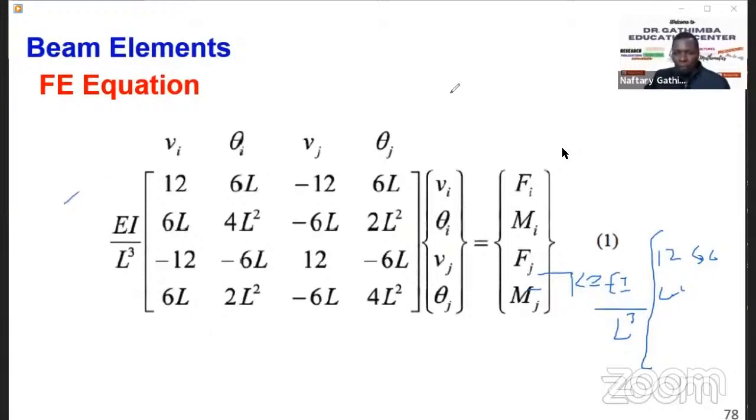So you can extract, for example, for shear force Fi, it's just EI over L cubed, then this would be 12 Vi plus 6L theta i minus 12 Vj plus 6L theta j.